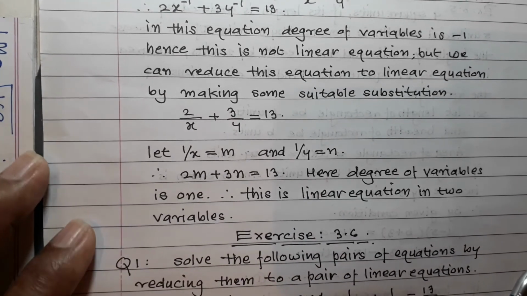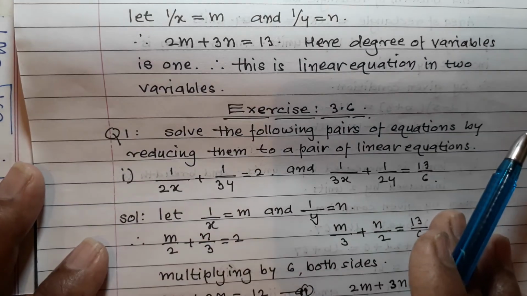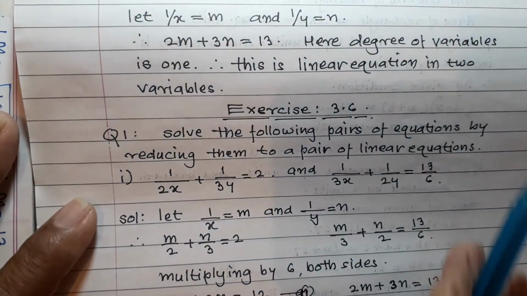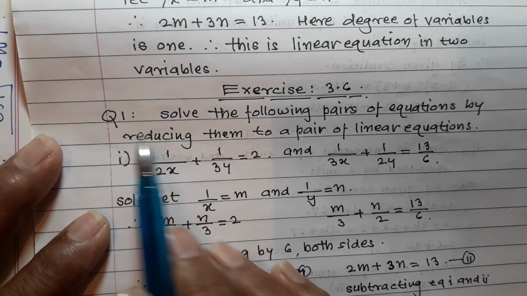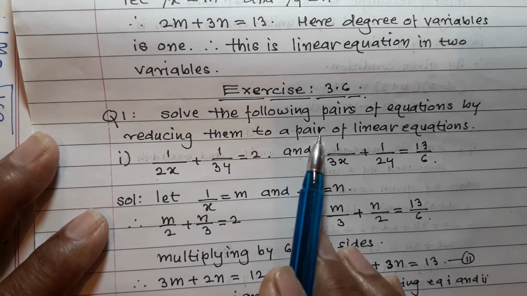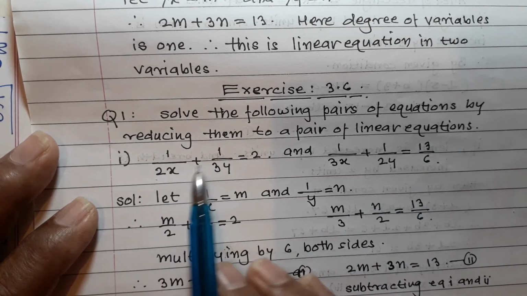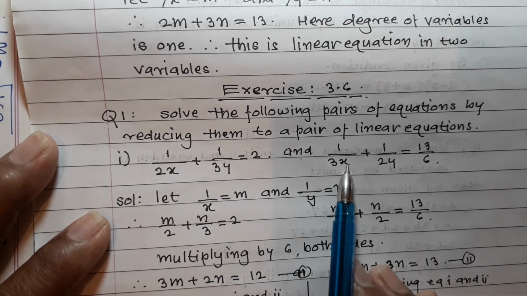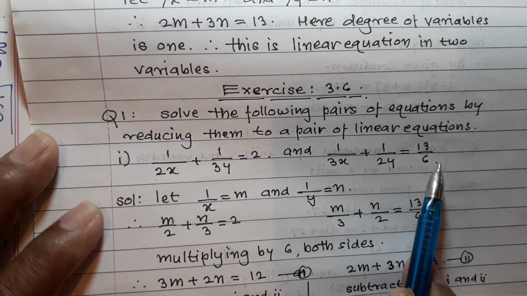Now try to understand an example from exercise 3.6. Exercise 3.6, question number 1. Solve the following pair of equations by reducing them to a pair of linear equations: 1 upon 2x plus 1 upon 3y is equal to 2, and 1 upon 3x plus 1 upon 2y is equal to 13 upon 6.